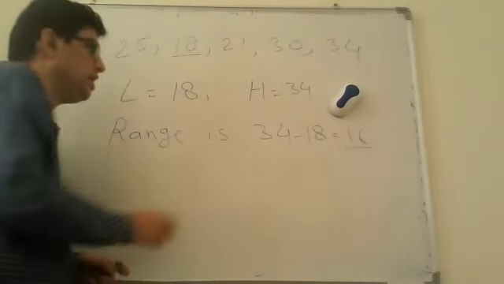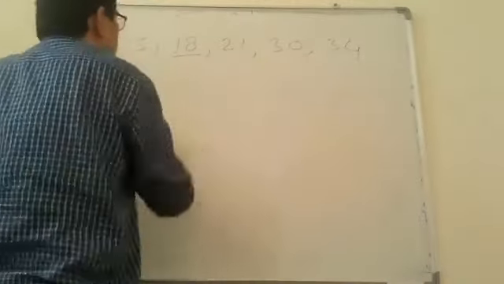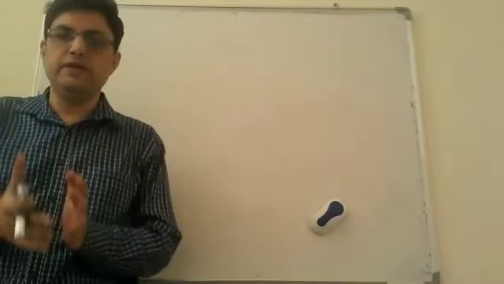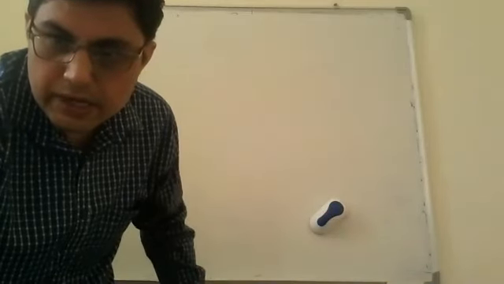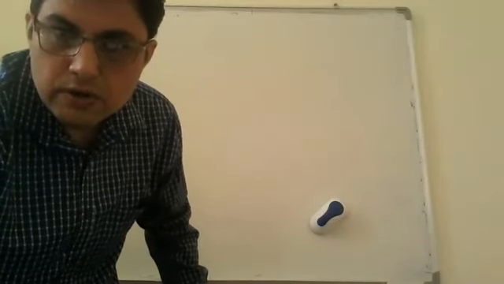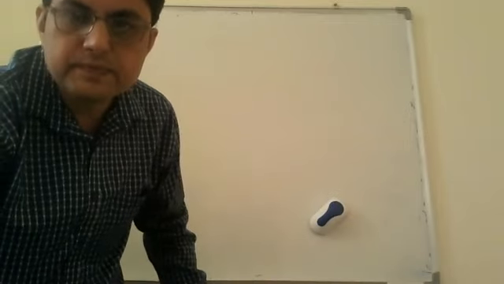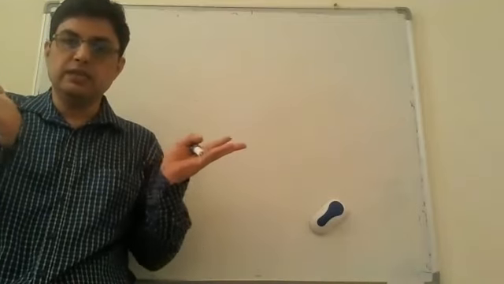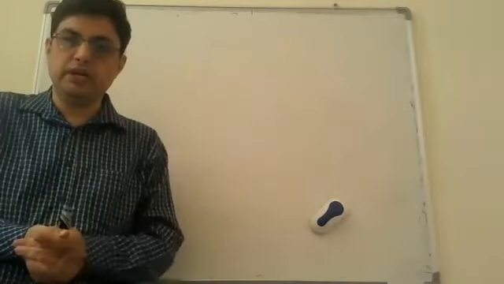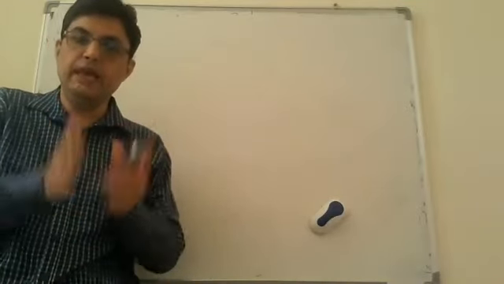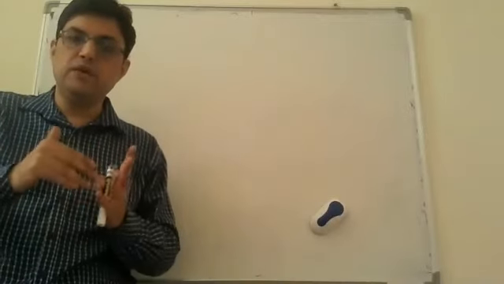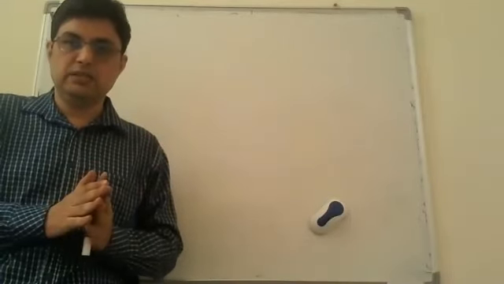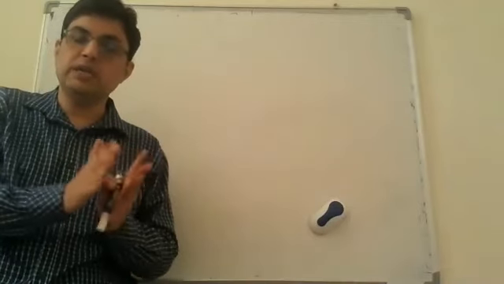Generally, if we are given a few data and we need to find the mean deviation, why do we need it? Mean deviation is used to check the property of data. For example, if you check the mean deviation of the age of students and the value is very high, it means in that class the age difference of the students is very high.